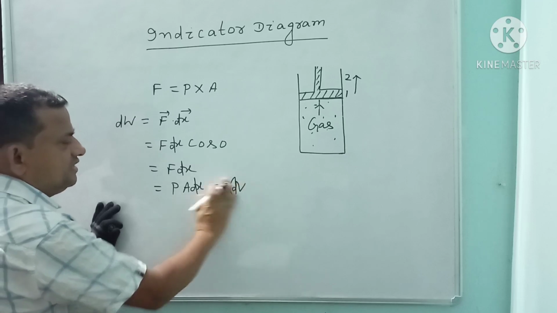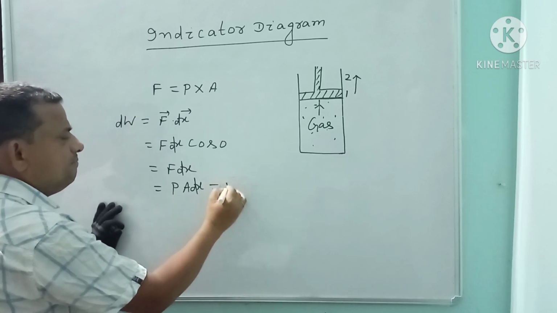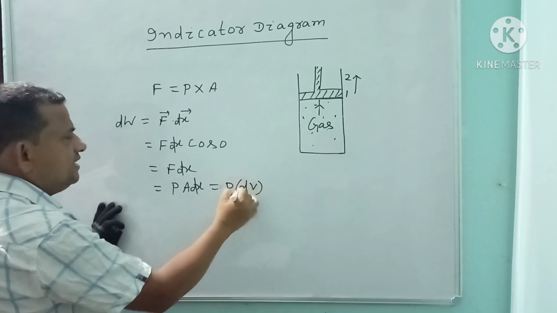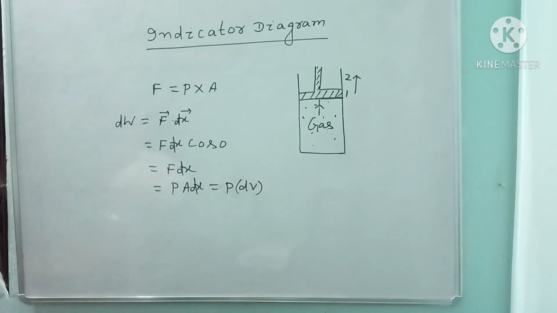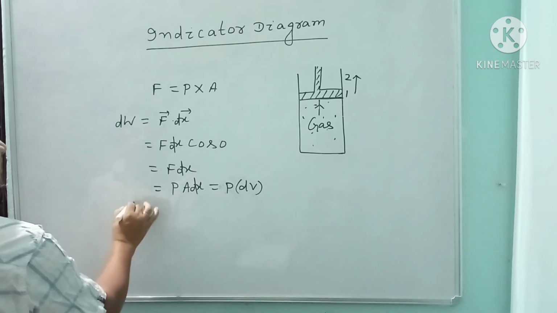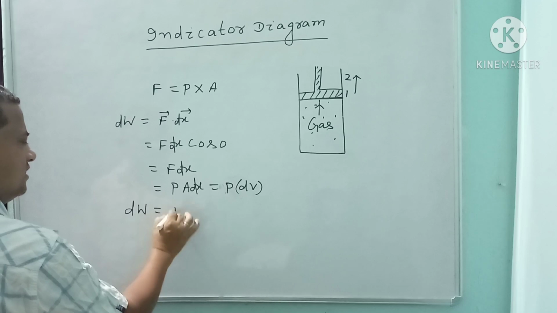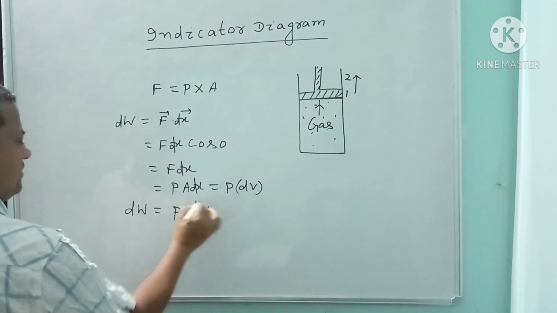Pressure into dV. Here it is F into dx. dx does not mean d is multiplied with x. dx is a small displacement, dW is the small work done, dV is the small change in volume. So you get dW equal to P dV.